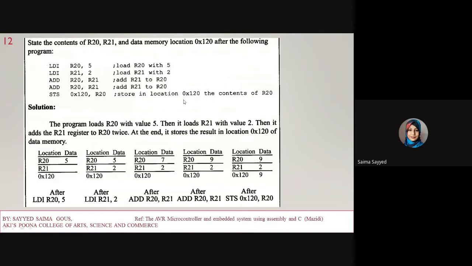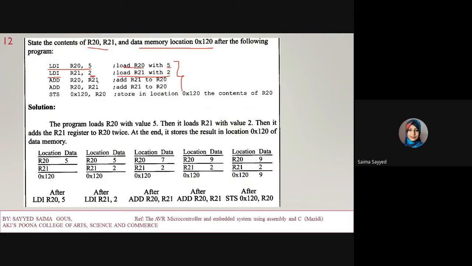Now we will see one example, or we can say the program state: the contents of R20 and R21 and data memory location 0x20 after the following program. This is the program. Here LDI, that means load immediate, so R20 gets loaded with 5. Then again load immediate R21 with 2. So R21 gets loaded with 2.